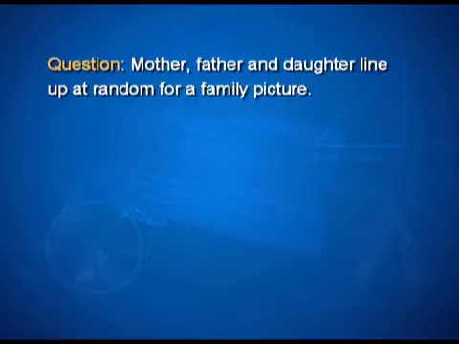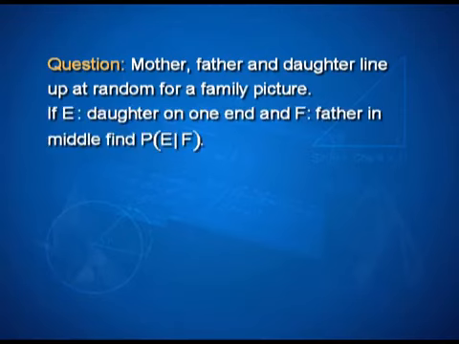The problem says that mother, father and daughter line up at random for a family picture. If E is the event, daughter on one end, F, father in middle, find probability of E given that F has happened.